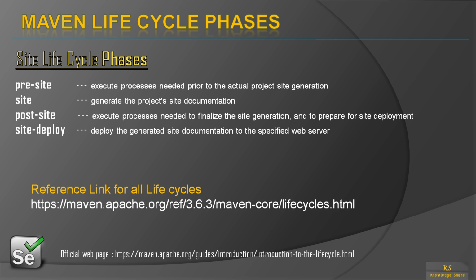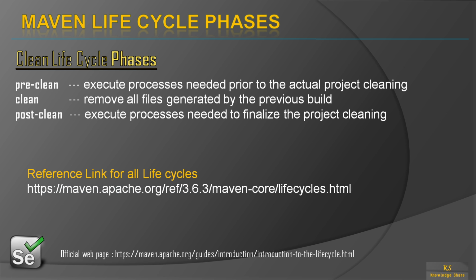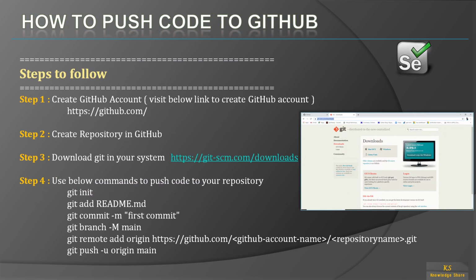So the site life cycle is basically about complete documentation of a project, which will be helpful for people to read. Most of the time we will not be using the site life cycle, but you must remember the clean life cycle and the build life cycle.